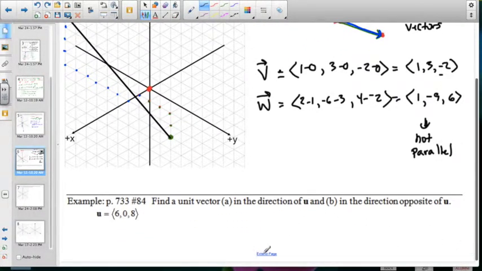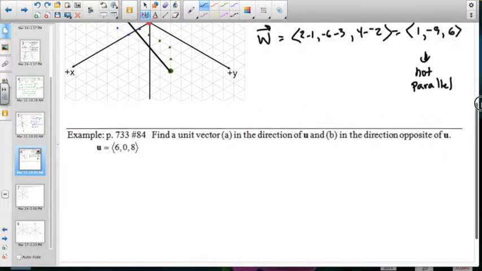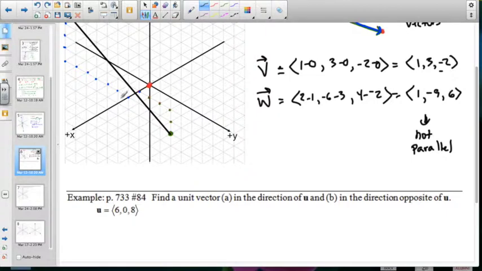In this example here, it says find the unit vector in the direction of u and the unit vector in the direction opposite of u. So if this is u, over 6 and out 0 and up 8, then the opposite direction would be reversing all of those.